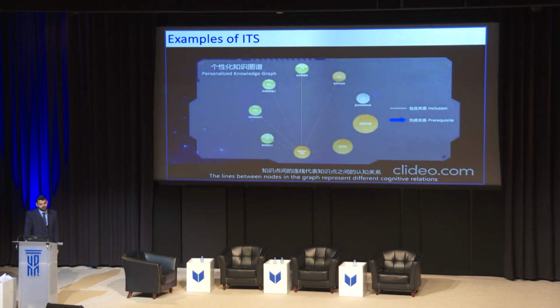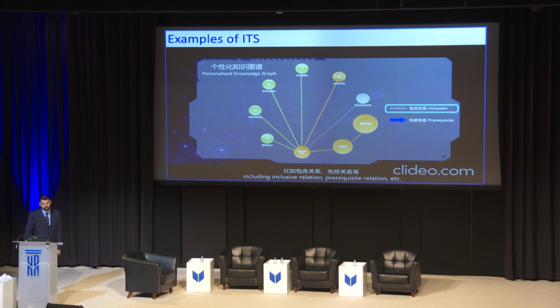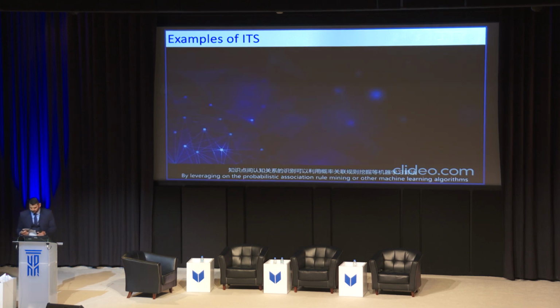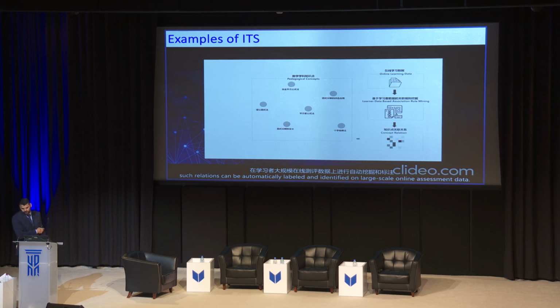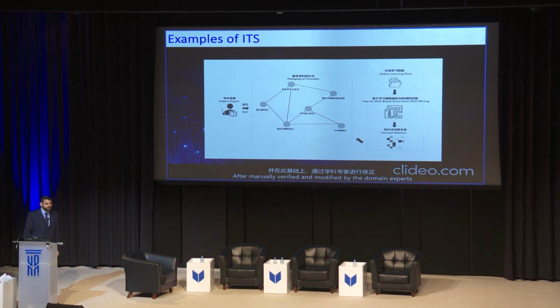The lines between nodes in the graph represent different cognitive relations, including inclusive relation, prerequisite relation, etc. By leveraging probabilistic association rule mining or other machine learning algorithms, such relations can be automatically labeled and identified on large-scale online assessment data. After being manually verified and modified by the domain experts, the results could provide reliable cognitive relation information to construct the desired knowledge graph for math.